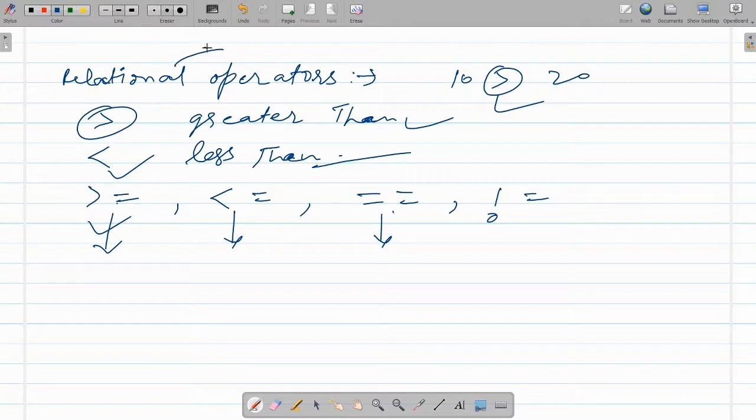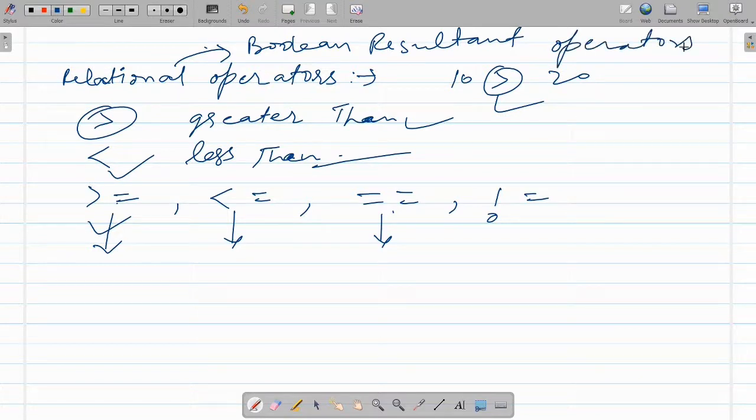Relational operators are also called Boolean resultant operators, because all relational operators result in either a true value or a false value.